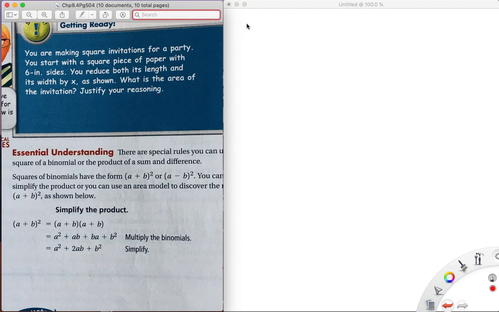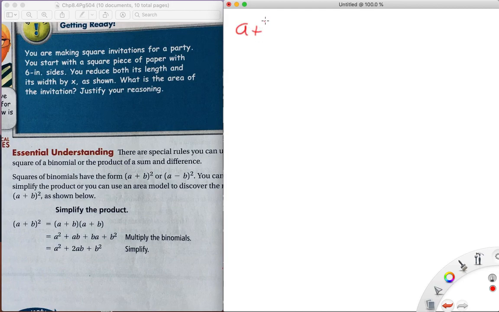So we're going to have (A plus B) squared. That is A plus B times A plus B. Let's use FOIL to solve this.